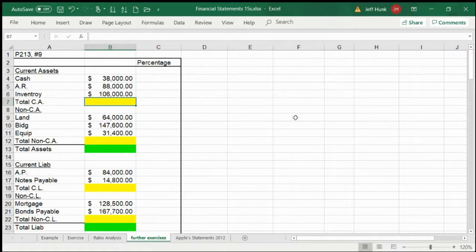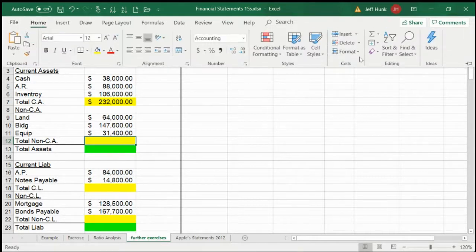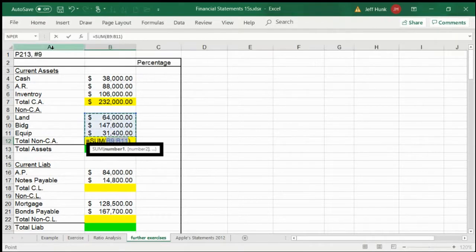Of course, the first thing is very easy. All you need to do is find total current assets. We did this before, so all you need to do is just auto sum, right? And then total non-current assets, also auto sum.